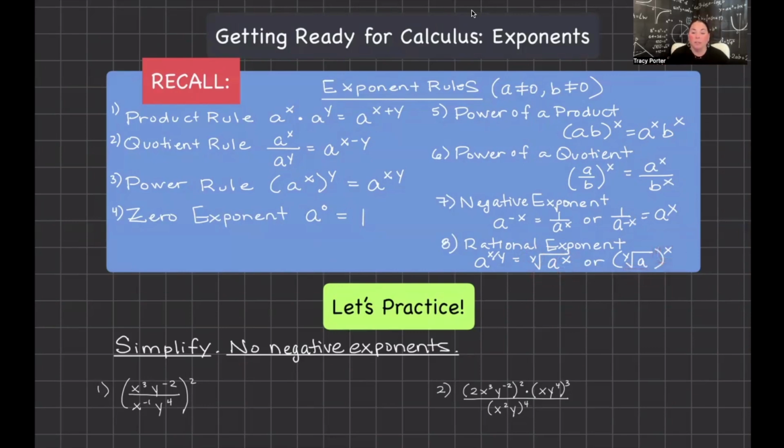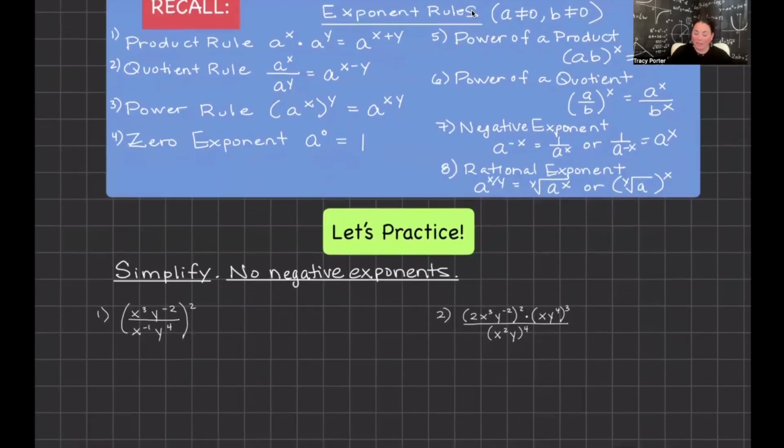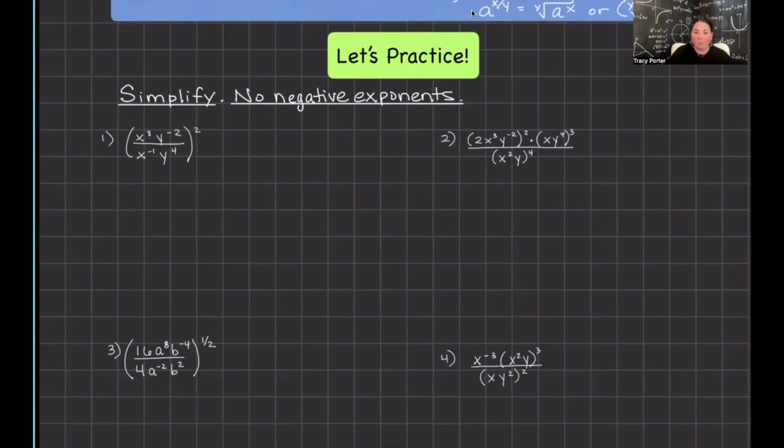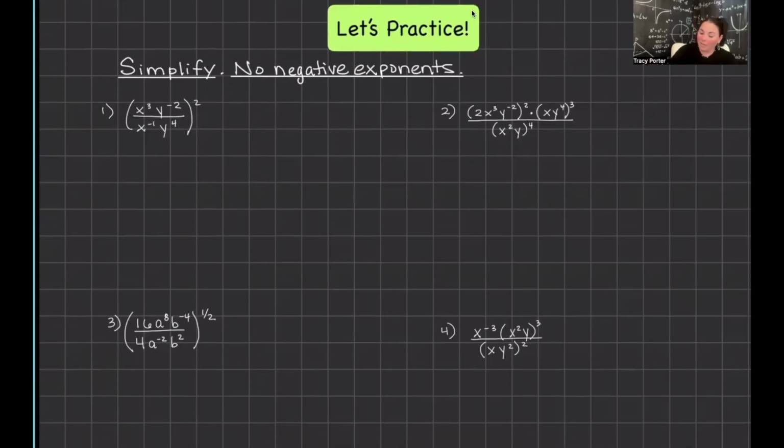So the order there, you can do it either way. So that's just a quick refresher, but let's move down to our practice. I have a few problems for us to do, so we'll go through those and just do a reminder of what these should look like.